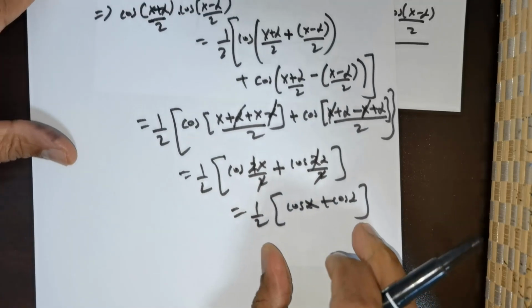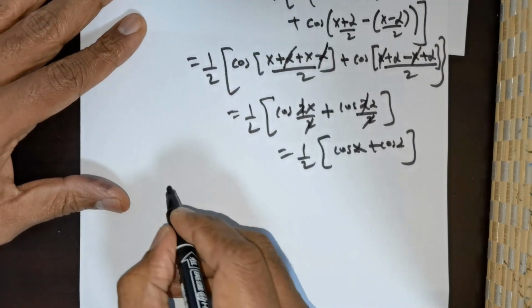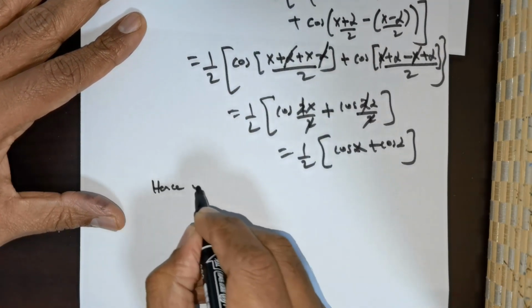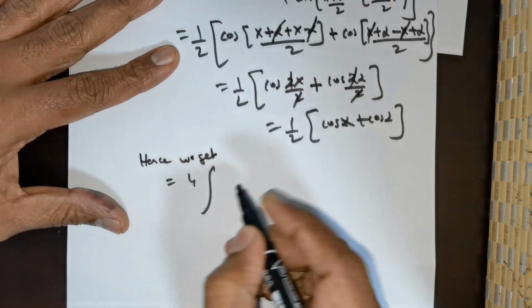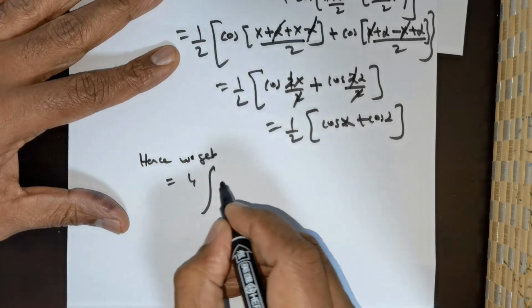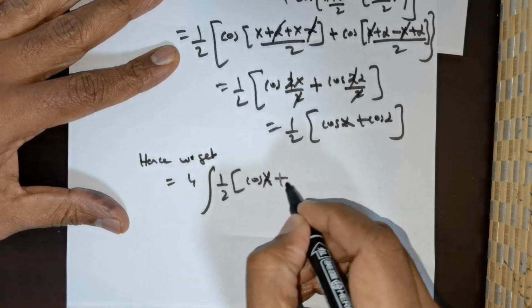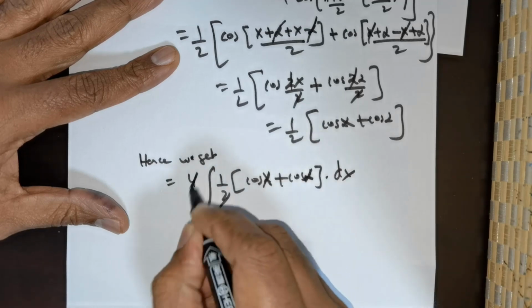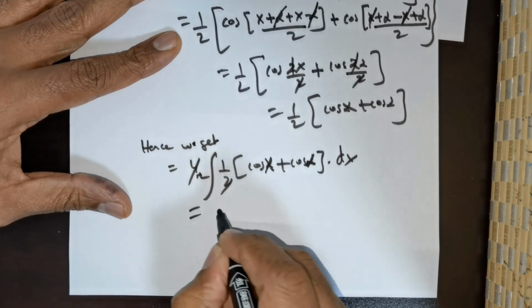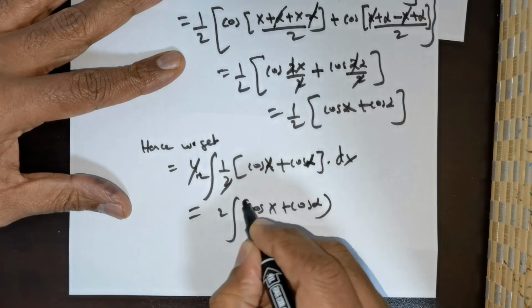Now take this and substitute it there. So what do we get? 4 times, in place of the quantity I substitute 1 over 2 times cos x plus cos alpha, times dx. 2 divides 4 to give 2 times the integral of cos x plus cos alpha times dx.